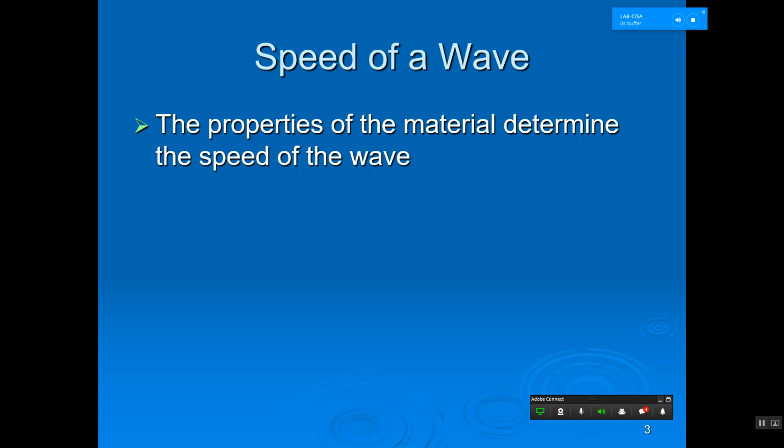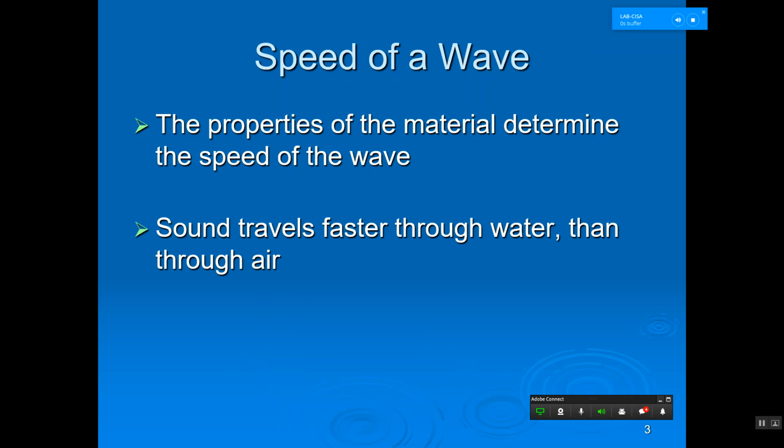One was the tension of the string, the force. The second thing was the mass per length density, so how heavy your string was. That's what I mean by the material properties of the string. We're talking about a string now, but the material itself determines how fast the wave goes through it.